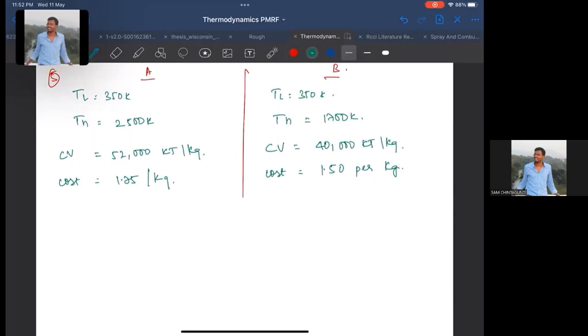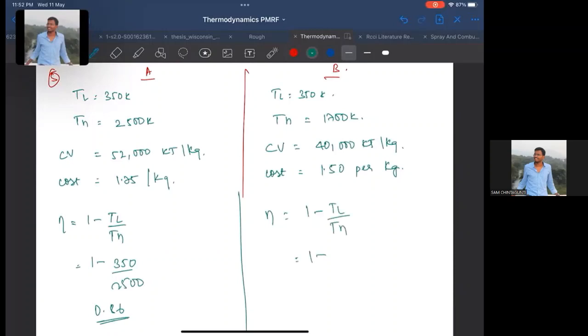So in the first case, efficiency is equal to 1 minus TL by TH, which is equal to 1 minus 350 by 2500. 350 by 2500 equals 0.14, so it is 0.86. Efficiency is 0.86.